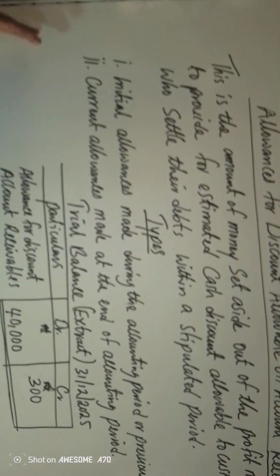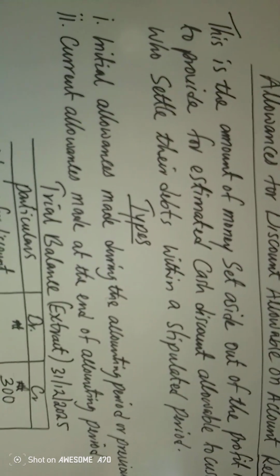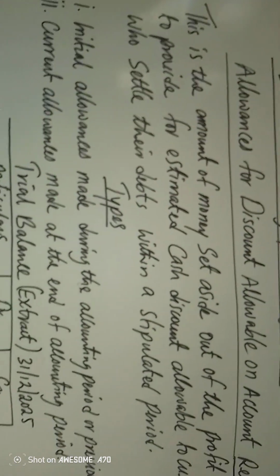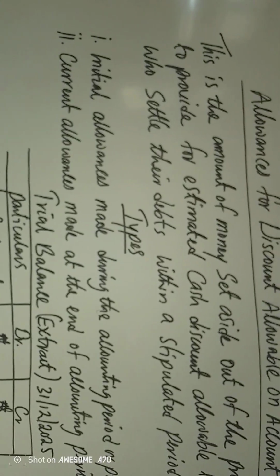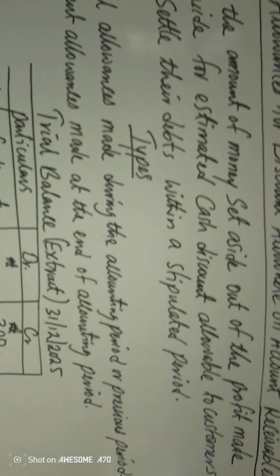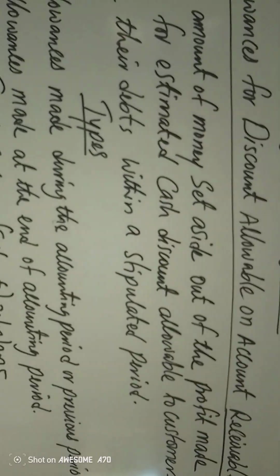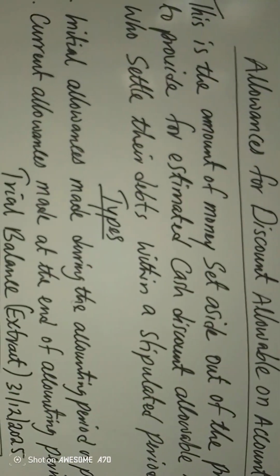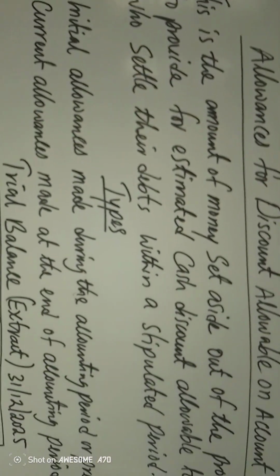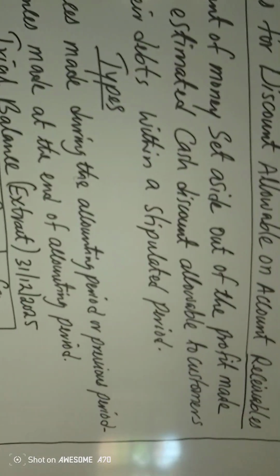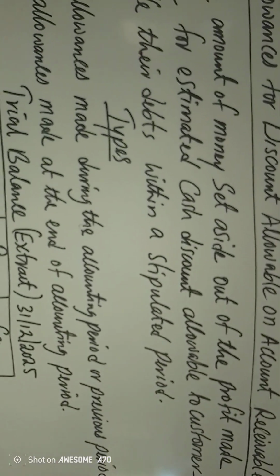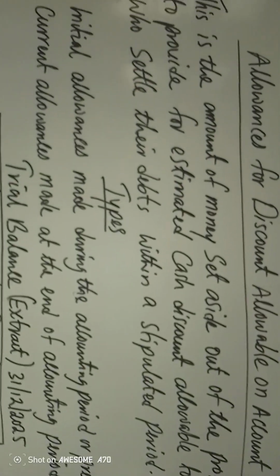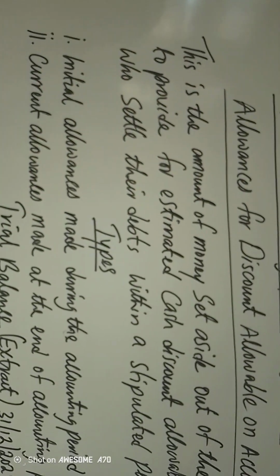So, what are allowances? Here too, the business expects that as time goes on, allowances will be given to customers, because it will be the culture of the business to give allowances to customers when they make payment. Most of the time, this becomes a policy of the business, that anybody that pays on time should be given a certain allowance out of the payment the customer made.